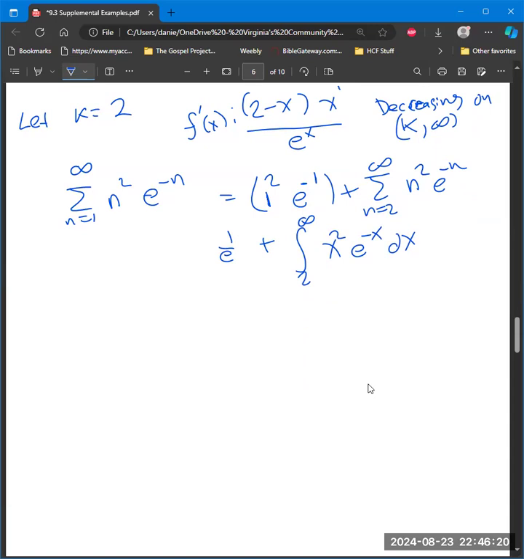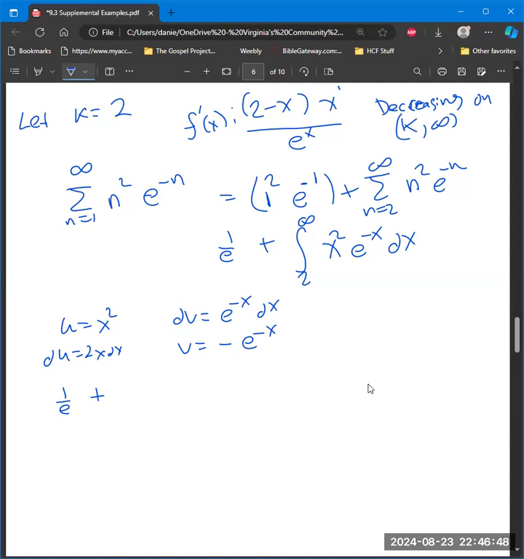So I'm going to use integration by parts with u equal to x squared, dv equal to e to the negative x dx. Du is going to be 2x dx. V is going to be a negative e to the negative x. It's going to be 1 over e plus, and this part really doesn't matter. It's not going to change convergence, those finite number of terms there. But I'm just going to write it out anyways.